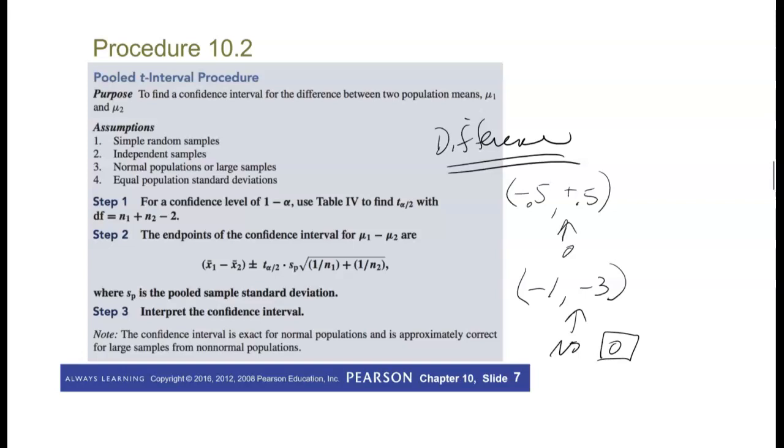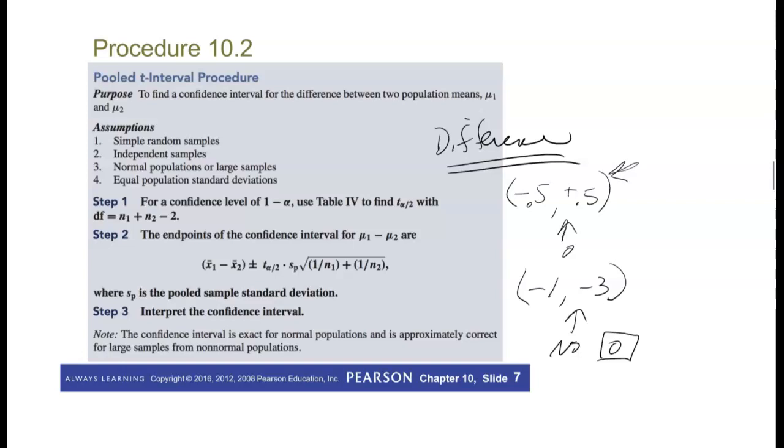That tells us that it's very likely, since they're both negative, and we're starting with population 1, that population 1 is smaller than population 2. And vice versa. If they're both positive and there's no 0, then we would say that population 1 is definitely larger than population 2. But if it includes 0, you could say that the 2 populations, because there's a good chance of it including 0, are relatively the same.